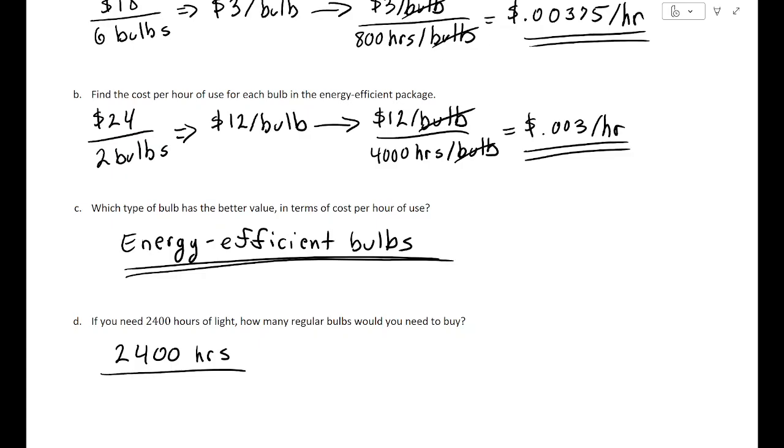And here, the hours are going to cancel out, and that's going to leave me with 2,400 over 8, which will be 3 bulbs. So how many regular bulbs would you need to buy? You need to buy 3 regular bulbs to get 2,400 hours.